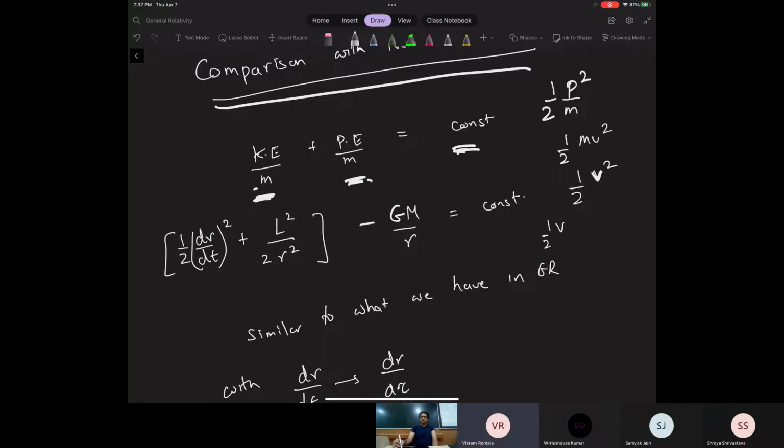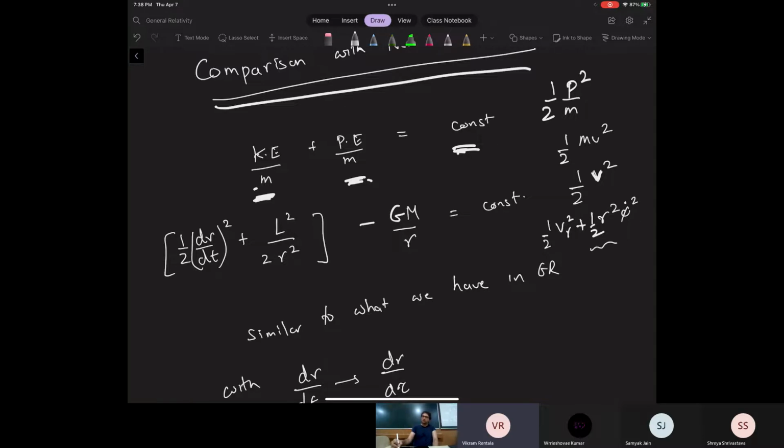So we'll get half v_r squared plus, if the motion is confined to a plane, where v is only in the phi direction and not in the theta direction, then what you will also get is v_phi squared, or rather r squared phi dot squared.